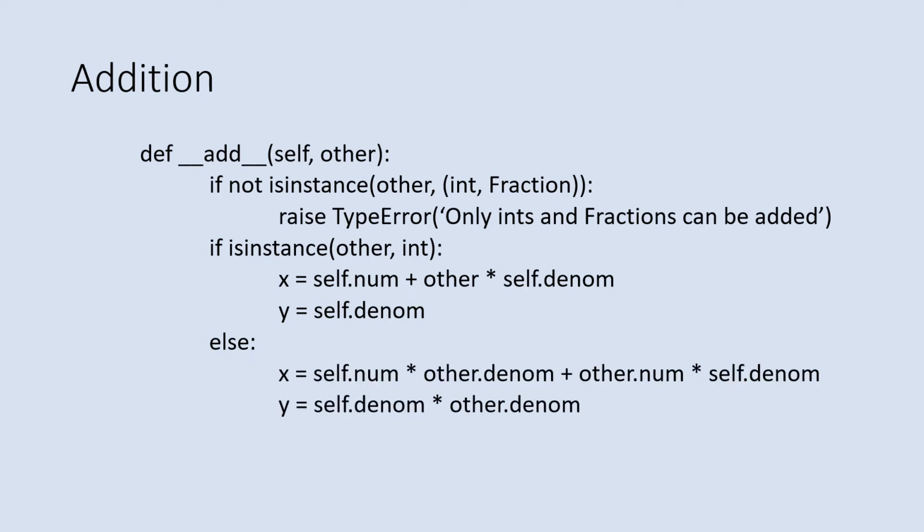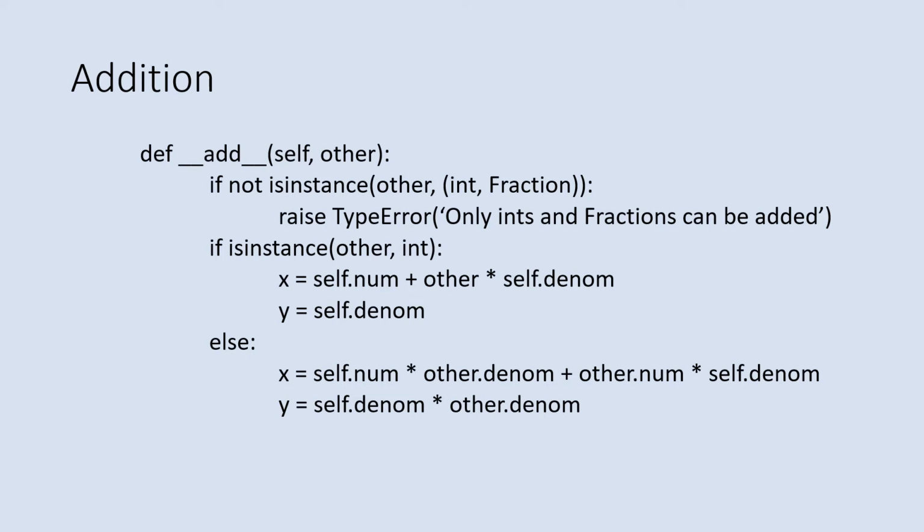So if it's a fraction, then we're still going to get a common denominator. And at this point, it is important that we're not getting necessarily a least common denominator, just one that works. And we're creating, again, an x and a y that is the end result of adding those two fractions together.